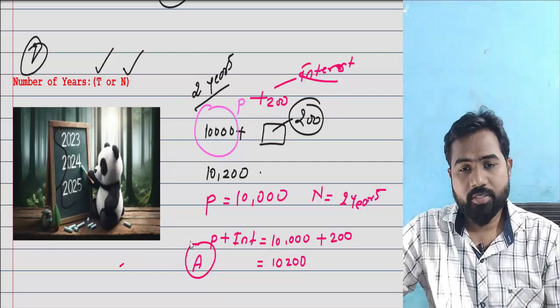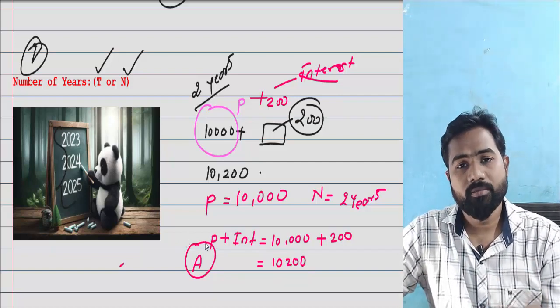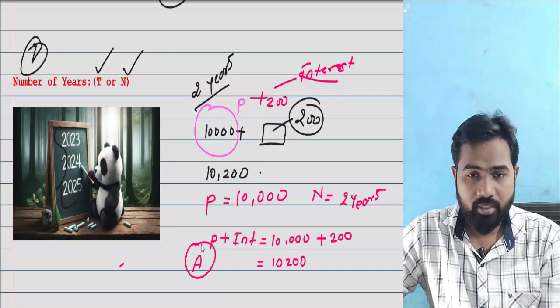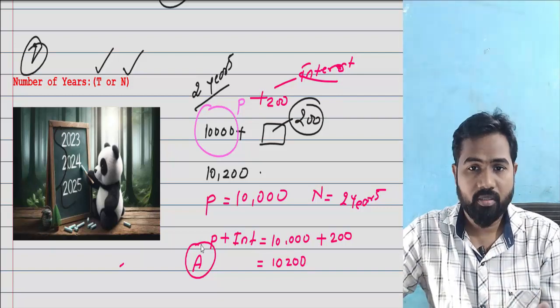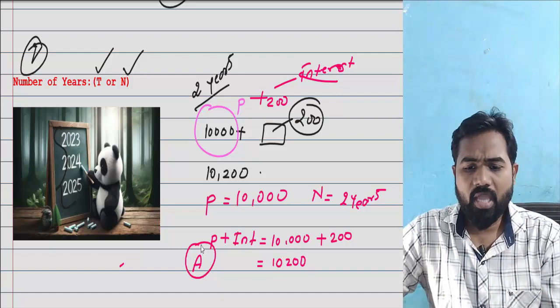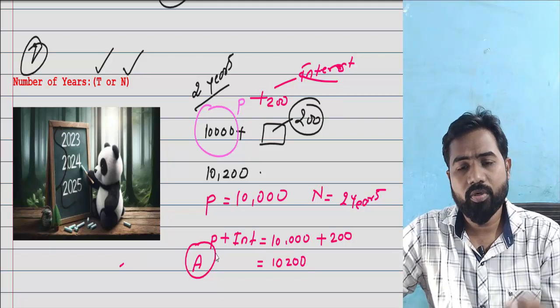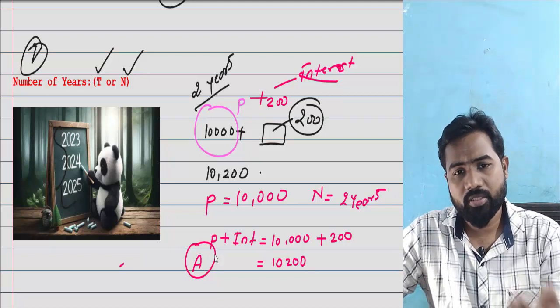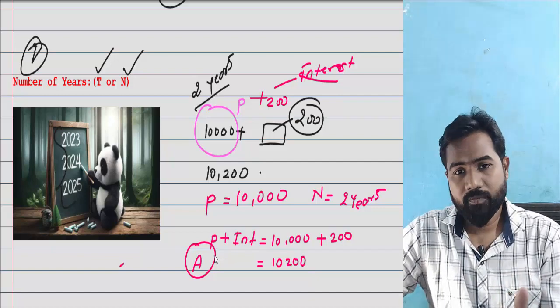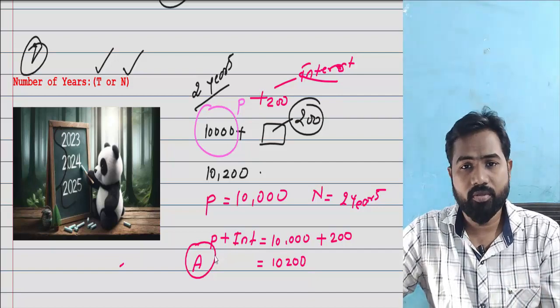So hopefully you understood what the interest is. Interest is nothing but the amount charged by the bank at a certain rate or a certain condition. But students, every time you do not need to pay 200, 300, 400 or 3,000, 4,000. Suppose you are going to borrow more than 1 lakh, or 1,50,000, or 2 lakh.